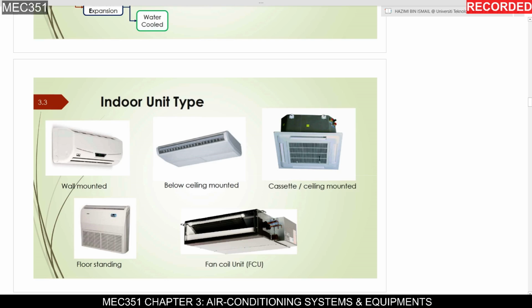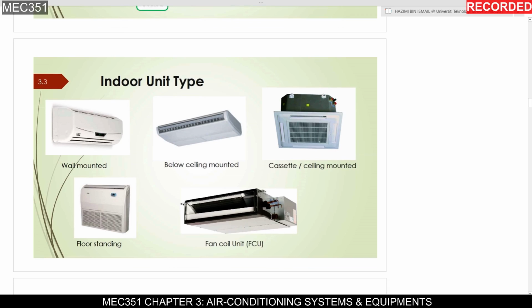Okay, and then this is the floor standing, and this one is the FCU, fan coil unit. Fan coil unit normally is used in hotel room because the fan coil unit can be used in a limited height of the ceiling.